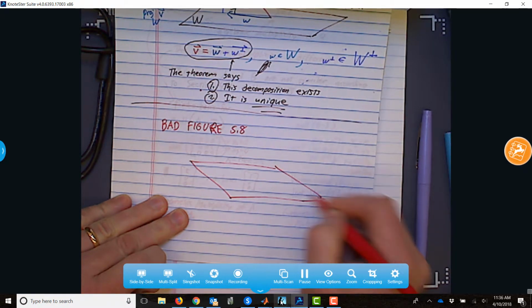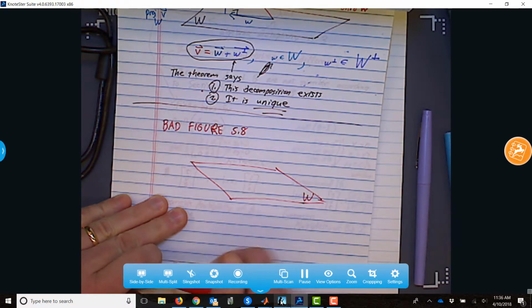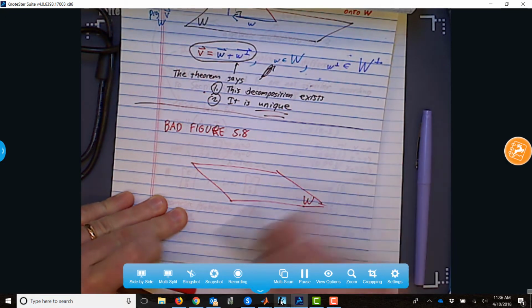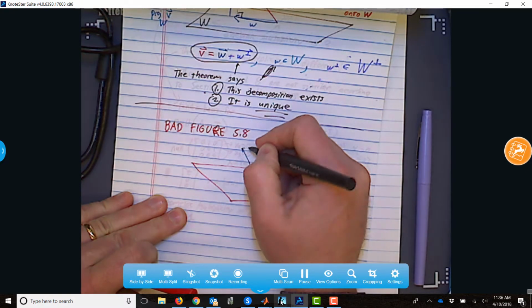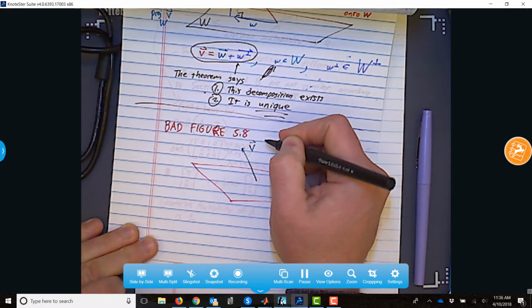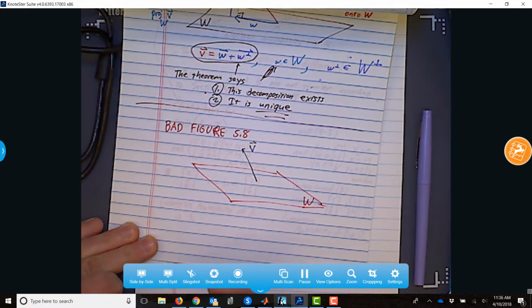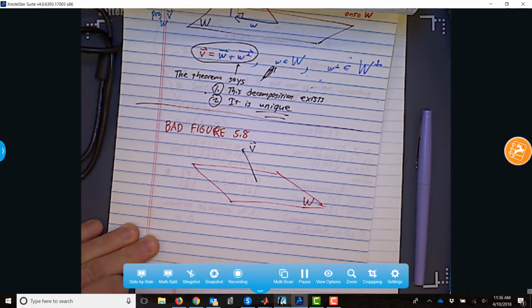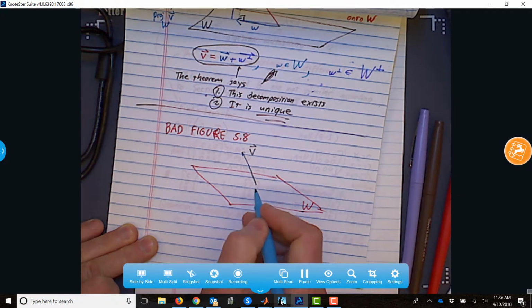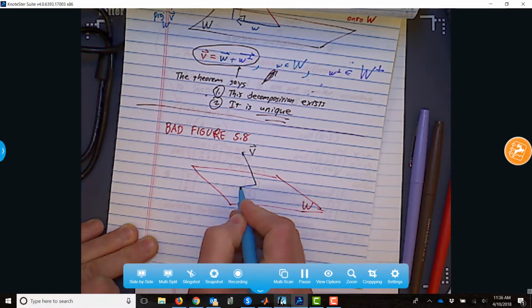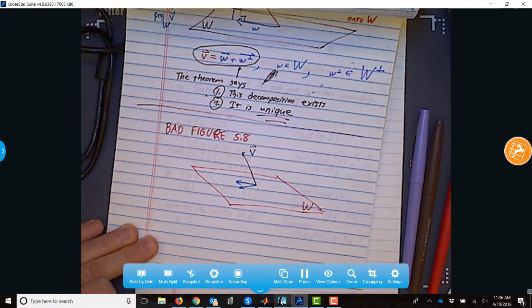Here's W. And then they had a vector V. So there's vector V. And they want to project it onto W. And they're going to call that P. But suppose your basis for W is not orthogonal. See that?